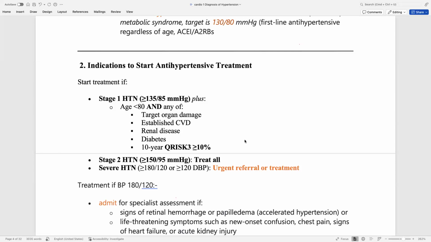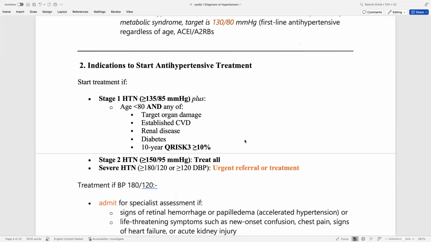That is why after the staging, the next step is target organ damage assessment: ECG, renal function test, lipid profile, HbA1c, creatinine, albumin, and fundoscopy.